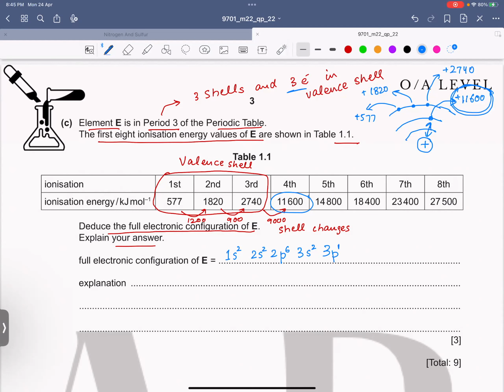Okay, now the explanation. I can write that there is a big energy gap between the third and fourth ionization energies.